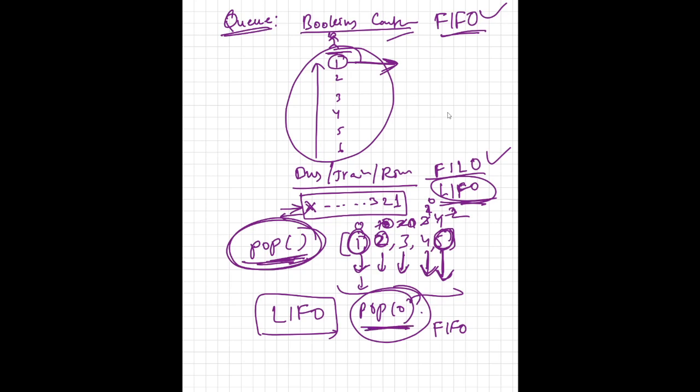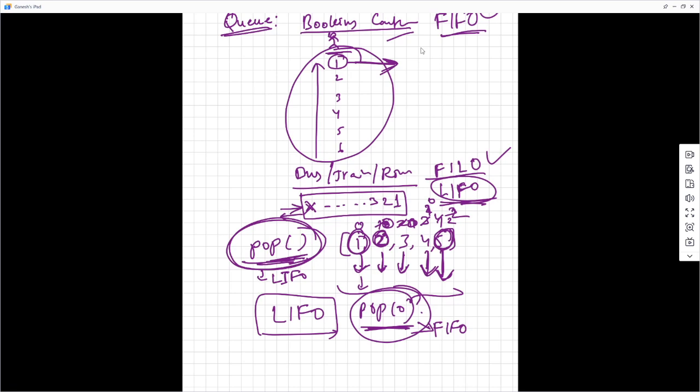Again, when you call pop of 0, the second number will come out, then third will become 0, and this will become 1, 2. So you can create FIFO and LIFO. Just by using a simple pop function, you can create a queue using a list. In general, if you have to do it in Java and other programming languages, it is a little bit difficult, not this easy.